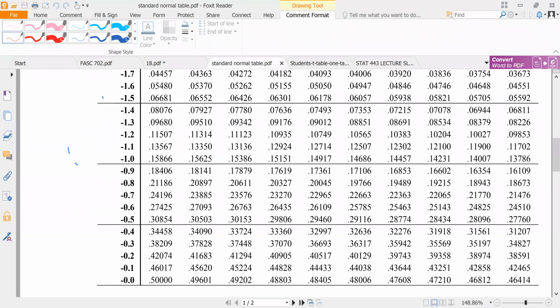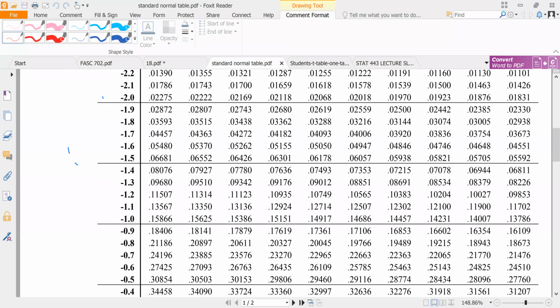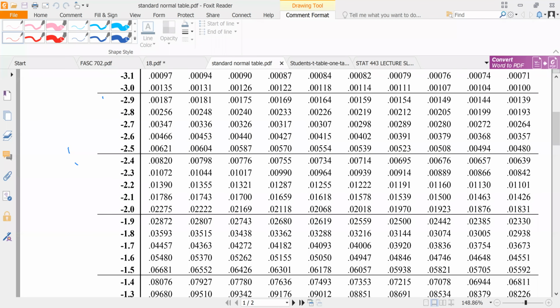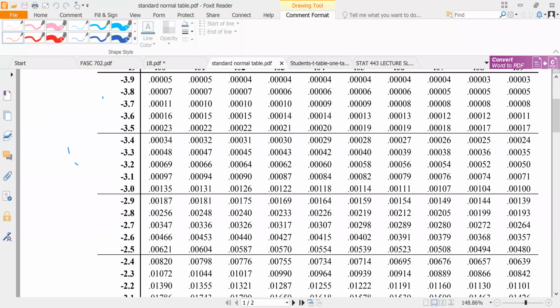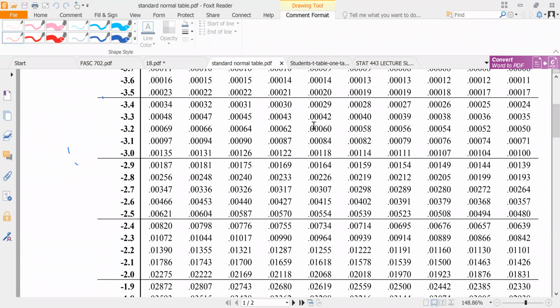Because it's a very small probability, it's likely to be on the lower tail. That's why I'm scrolling up here. At this point, we need to identify 0.005. If we look at this table, 0.005 should be somewhere here.